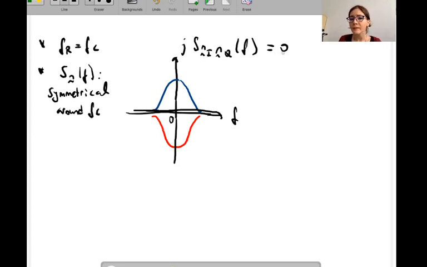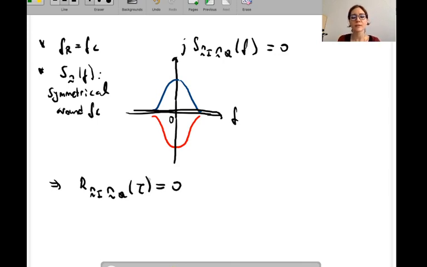But then this being identically equal to 0 means that its inverse Fourier transform R_{N_I N_Q}(tau) is equal to 0, which means that the random variables N_I(t plus tau) and N_Q(t), for any tau, are orthogonal to each other.